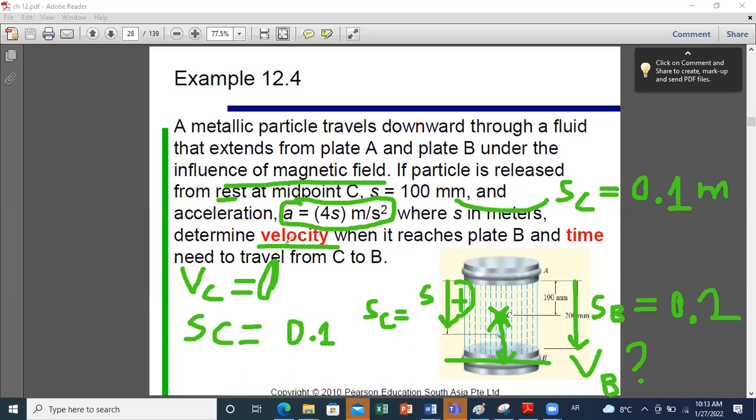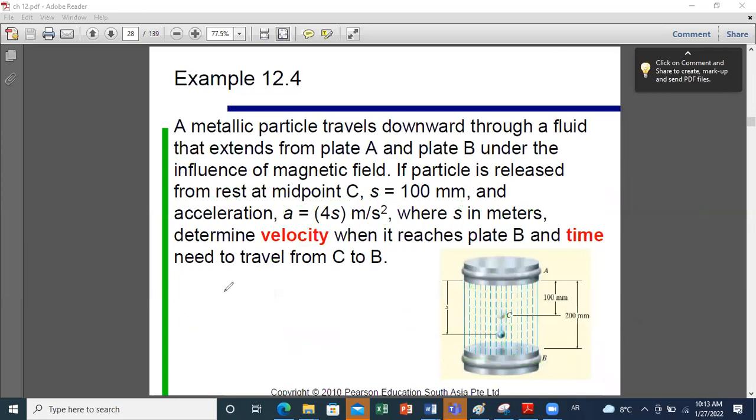I cannot use, like in the previous problem, formulas of A constant, because A is function of position. So I need to use a relation involving acceleration, position, and velocity. If I go back to my differential equations we introduced last time, we should use A dS equals to V dV.